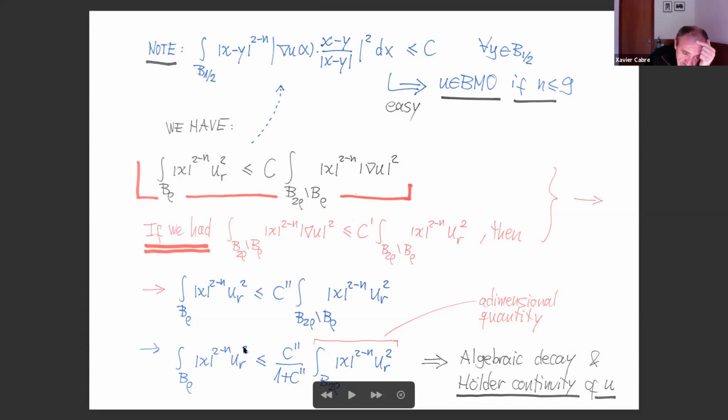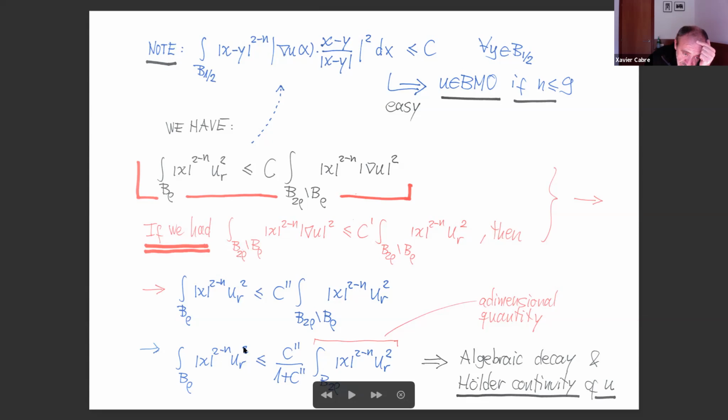So if you rescale your solution, you still have a stable solution, but in a larger ball or a smaller ball. So our class of stable solutions is invariant under rescalings, and this quantity is invariant under scalings, okay? And this is why this is difficult to prove, because it's invariant under rescaling.